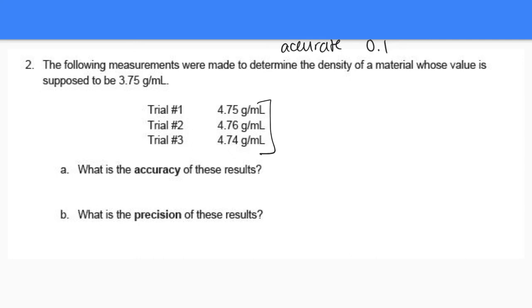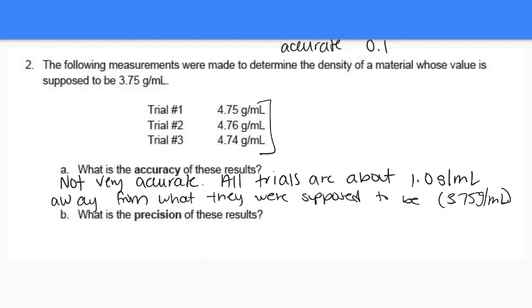They're almost a full gram per milliliter more than our expected value. So these results are not very accurate. I've written these results are not very accurate. All of the trials are about 1 gram per milliliter away from what they were supposed to be. Remember, it was supposed to be 3.75 grams per milliliter, and they're not anywhere close to there. So this is not a very accurate data set.